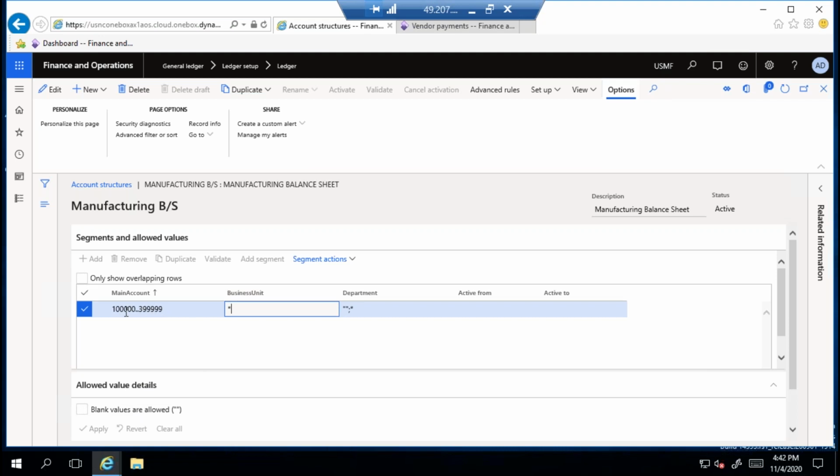So for accounts 10002 to 39999, I have mapped business unit mandatory, department optional. Suppose I am making department also mandatory. I'm removing this blank allowed. Then it is mandatory. I'm activating.